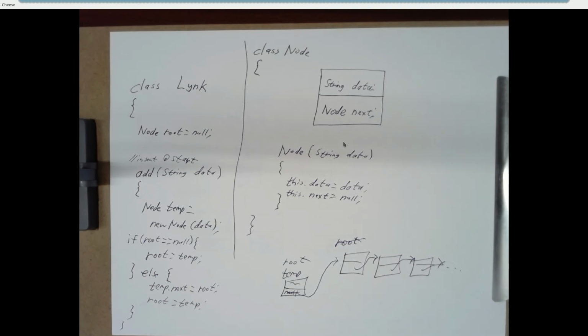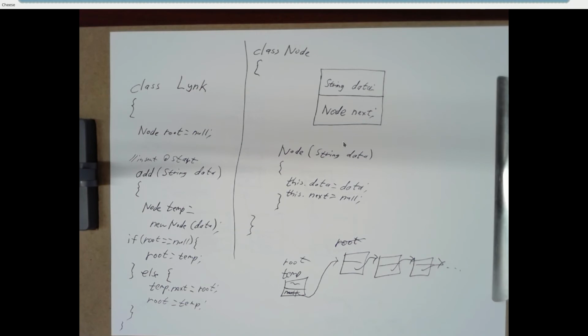I was wondering in the very beginning when you initialize root, why you don't have to write node root, new node, and then pass in. You do. Well, no, you don't, because I want it to be null. You mean up here? Yeah. Yeah, I want it to be null, okay? And any object can be set equal to null.